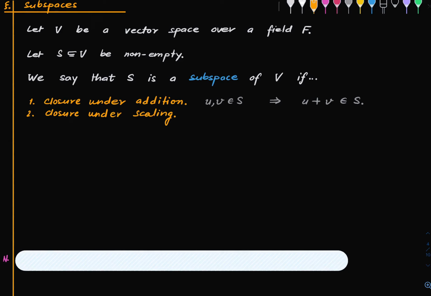So this reads, whenever you pick alpha in the base field and you pick anything in S, you find that the scaled version is also in S. So if these two properties are satisfied, we say that this guy is a subspace of V. And clearly now one can see that if you have a line passing through the origin in R2, then this is a subspace.